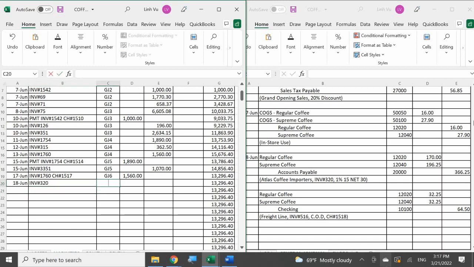Okay, invoice number 320, which increased your liability by $366.25. So what's my new ending balance in my accounts payable account? $13,662.65. Good.